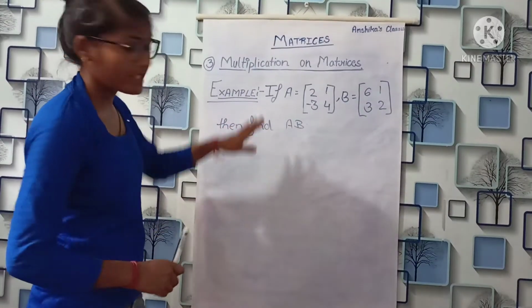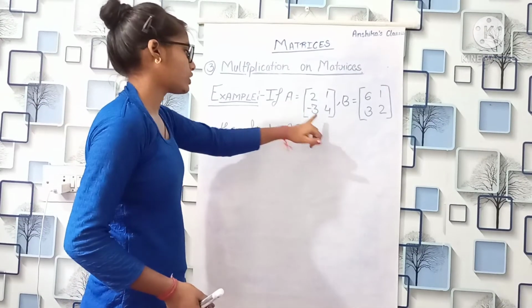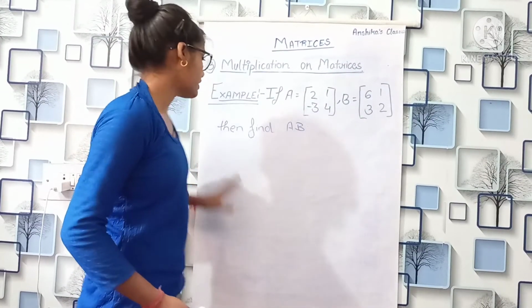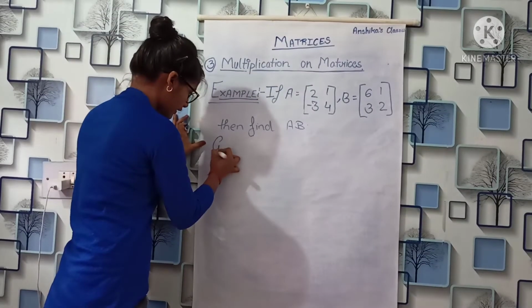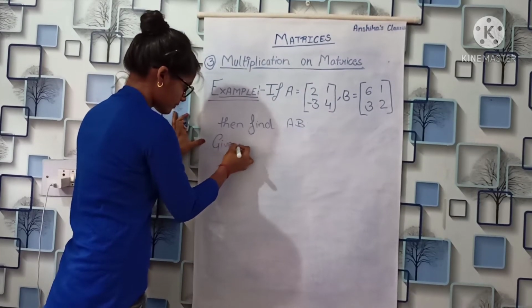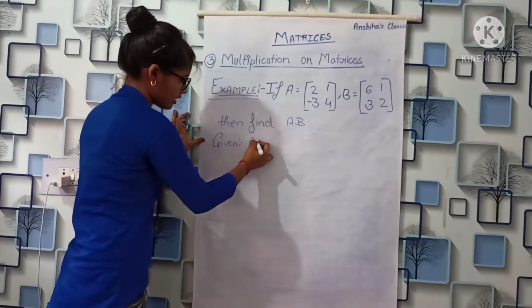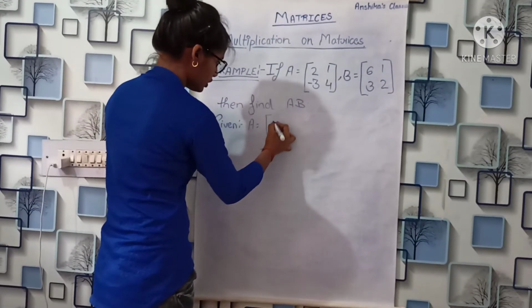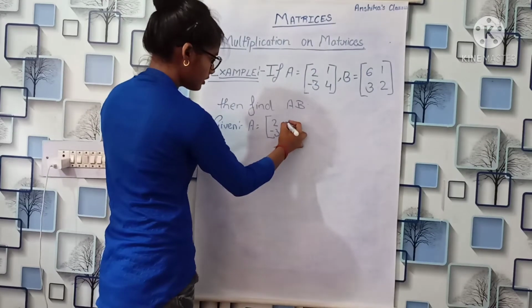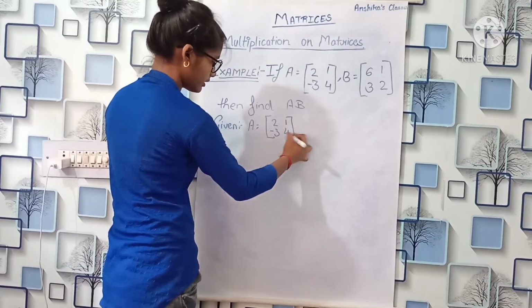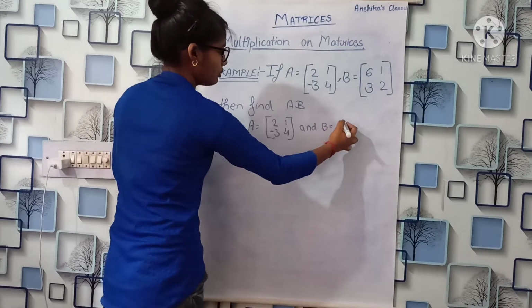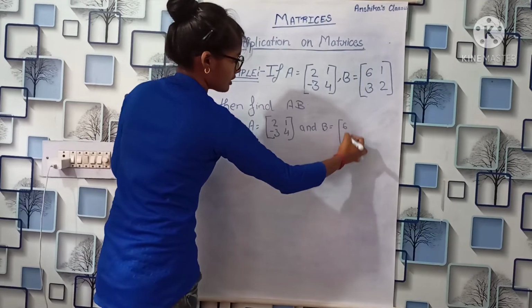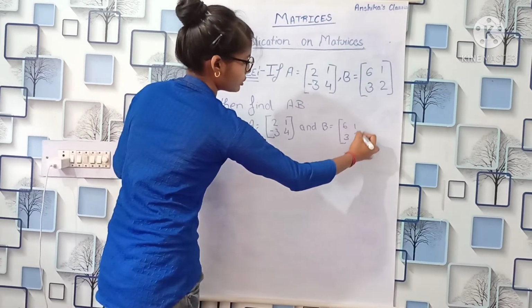So now there is an example. If A is equal to this and B is equal to this, then find A into B. Given A is equal to [2, minus 3; 1, 4] and B is equal to [6, 3; 1, 2].